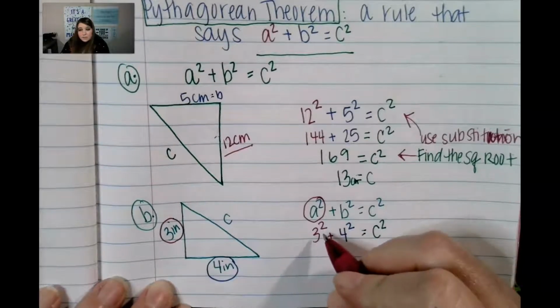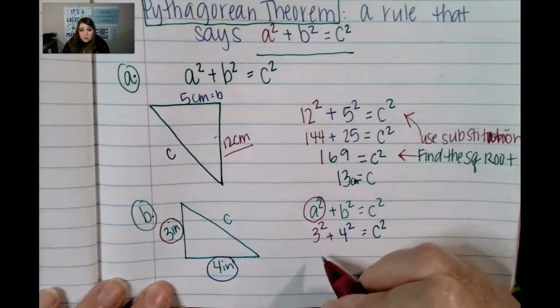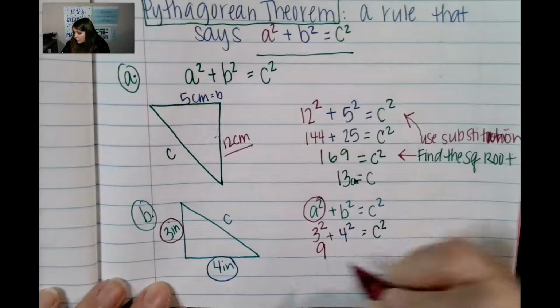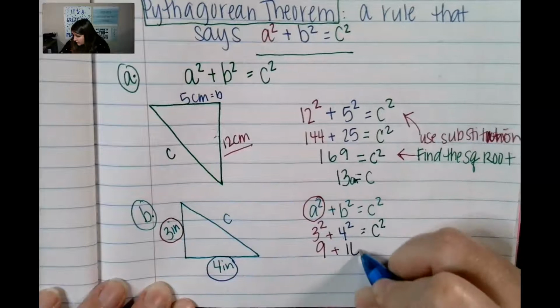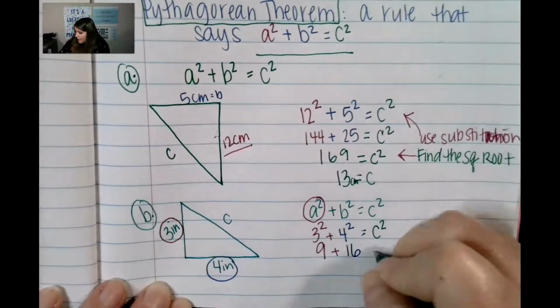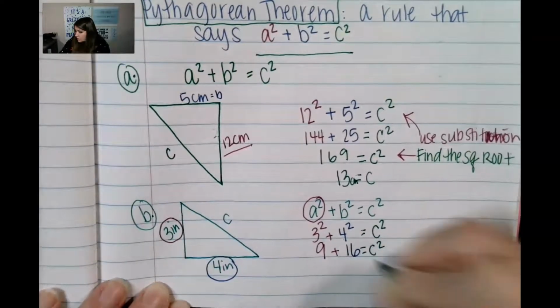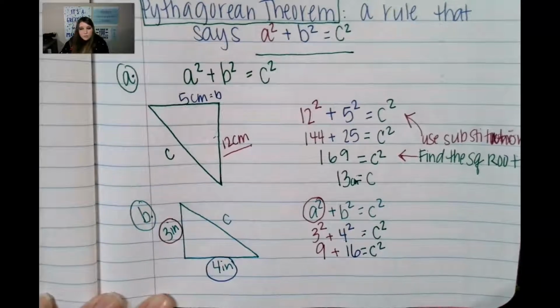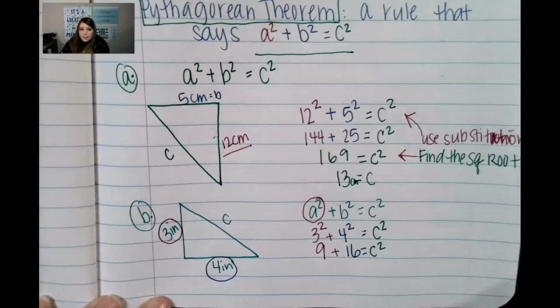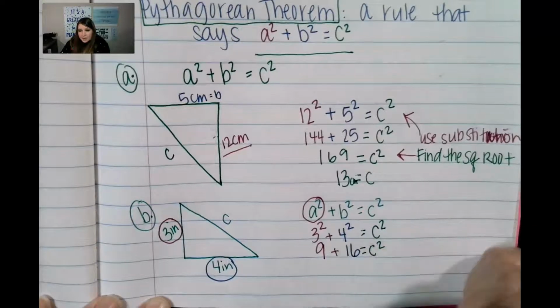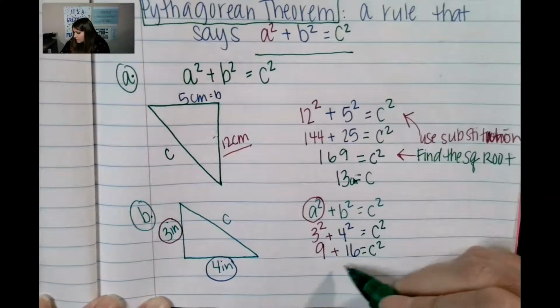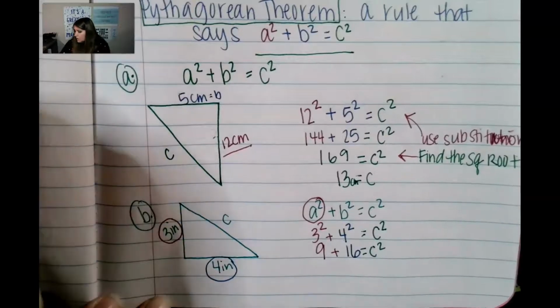So 3 squared is the same as 3 times 3, which gives us 9, plus 4 times 4, which is 16, and that gives us c squared. Okay, so we're still solving here. And then we are going to take 16 and 9, and that gives us 25.